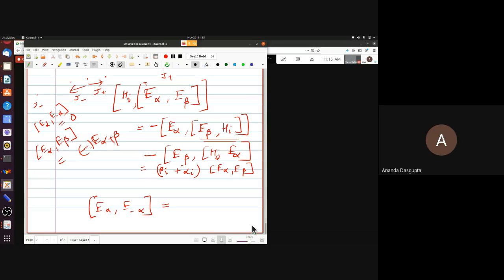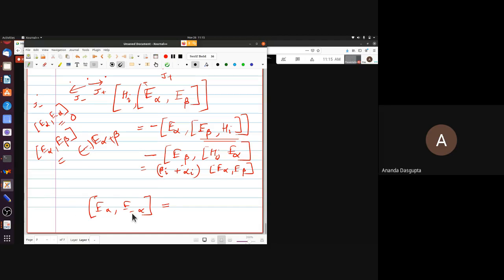Something which commutes with every one of the HIs has to be a member of the HIs, because if it were not, then you would have to add that to that set. Then it would only mean that you have not found your entire Cartan subalgebra. This is one more element of the Cartan subalgebra. If you found your Cartan subalgebra properly, then this thing, because it commutes with all the HIs, has to be in the HIs themselves. So it has to be some combination of the HIs.